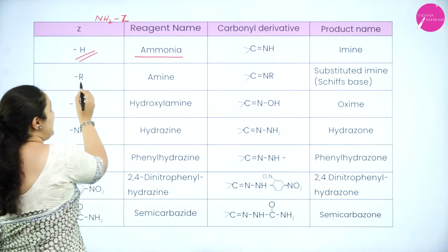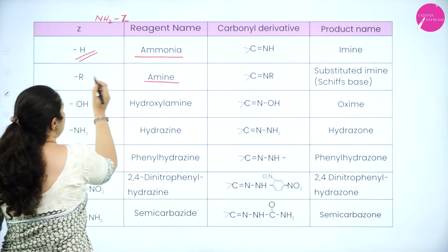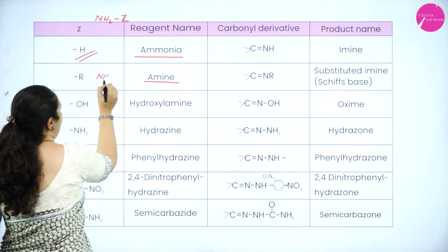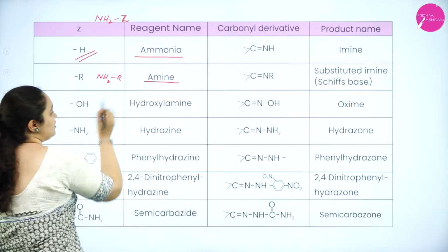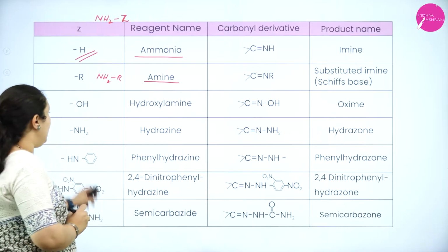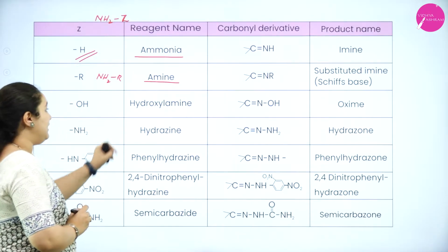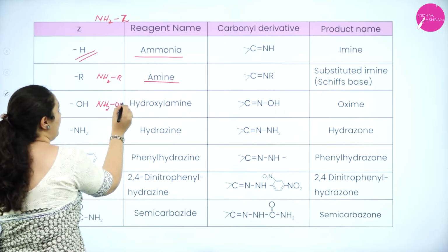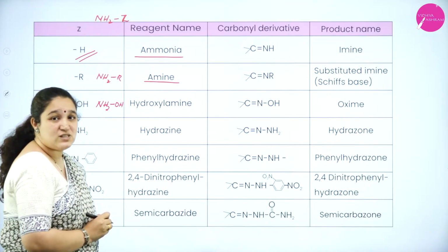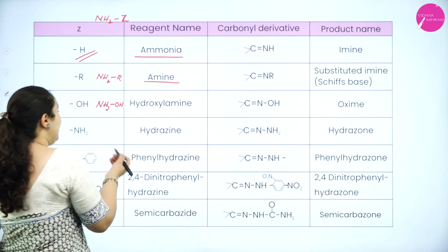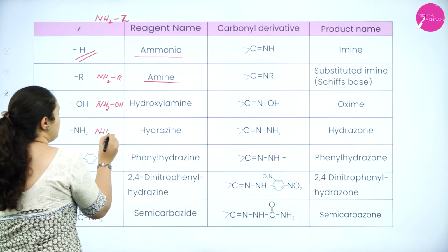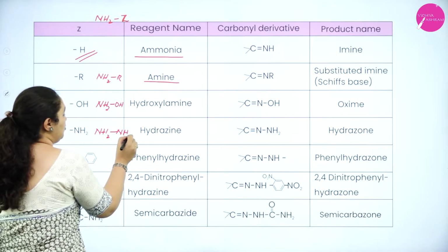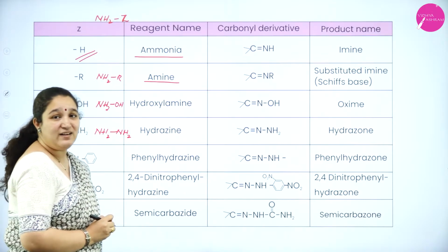If the Z group is an R group, then it is an amine, that is NH2 with R, RNH2. If it is an OH group, then it is hydroxylamine, that is NH2 with OH. If Z is also an NH2 group, two NH2 groups, then we call it hydrazine.